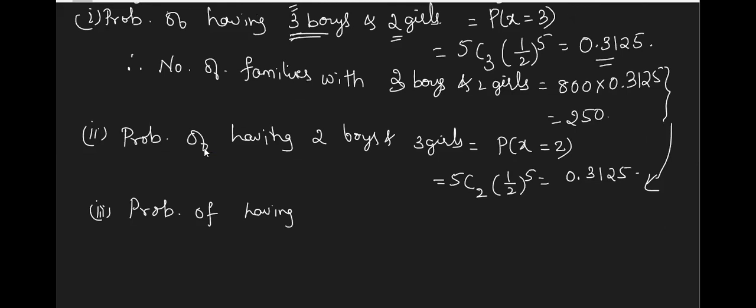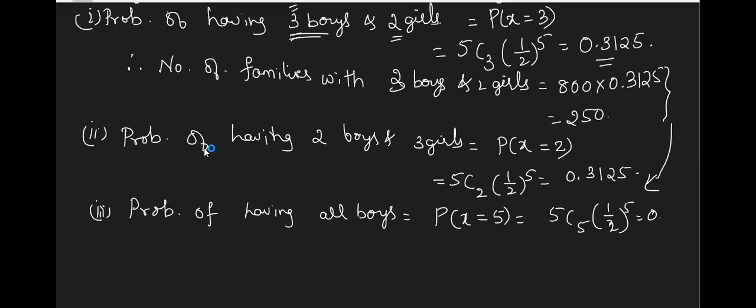Probability of having all boys. All boys means how many? Equal to 5. So it is 5C5, 1 by 2 raised to 5. How much is the value? 0.03125.